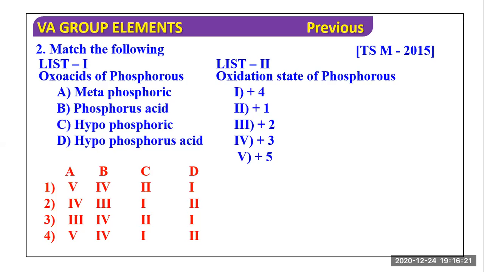And hypophosphorus acid: the oxidation state is +1, and +1 is D. Hypophosphoric acid oxidation state is +2. So what will be the answer? Answer 4.